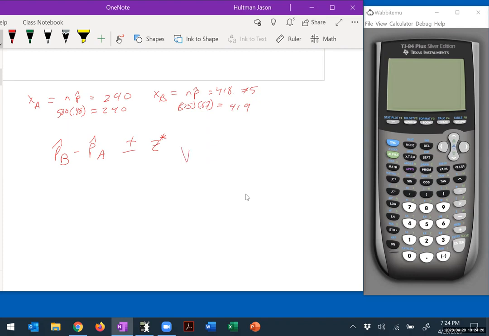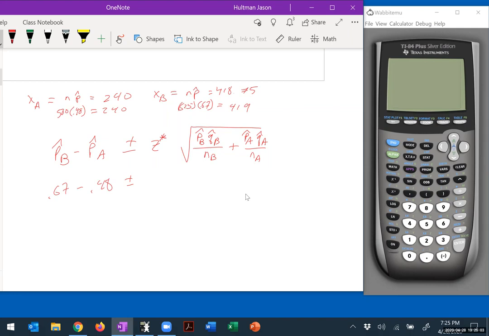Well, it's p b times q b over n b plus p a times q a over n a, and all these would have hats because they're samples. So p hat b minus p hat a is 0.67 minus 0.48 plus or minus z star.